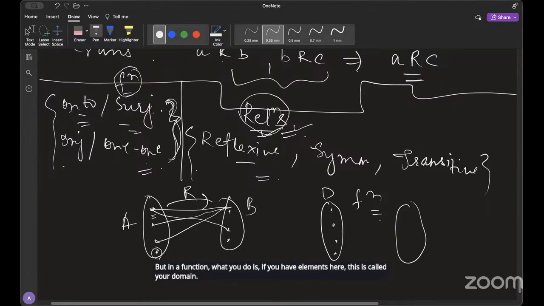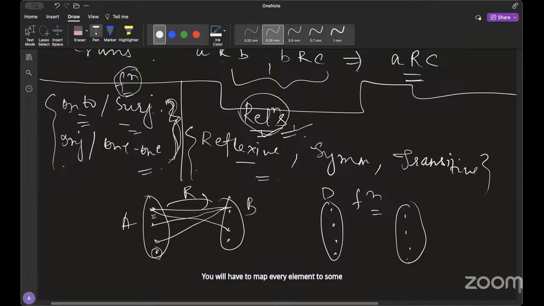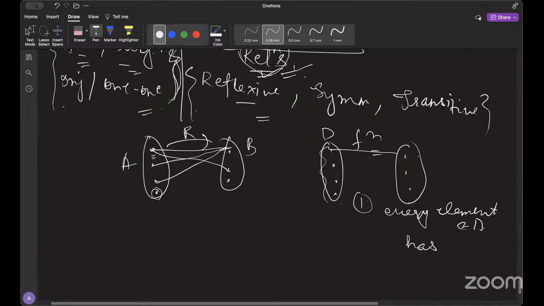You will have to map every element to some element here, in the codomain. So you will have to make sure that every element has an image. That's the first condition for a function, which is every element in D has an image in the codomain.